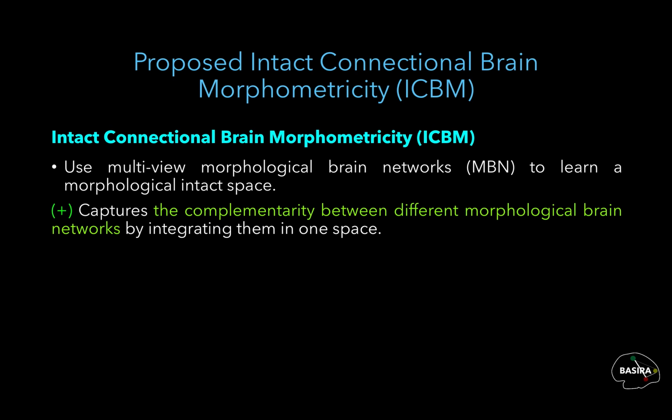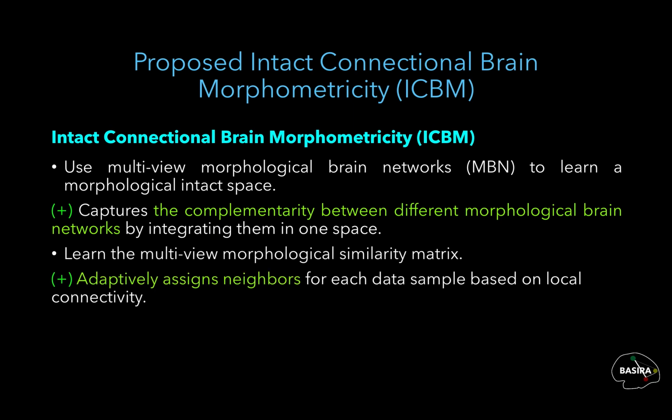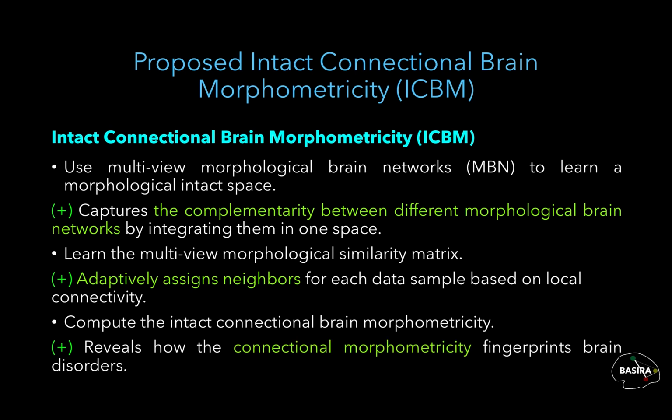This can nicely capture the complementarity between different brain networks. Second, our ICBM efficiently learns a similarity matrix by adaptively assigning neighbors for each data sample based on local connectivity. And finally, we compute the intact connectional brain morphometricity that shows how the morphological connectivity fingerprints brain disorders.